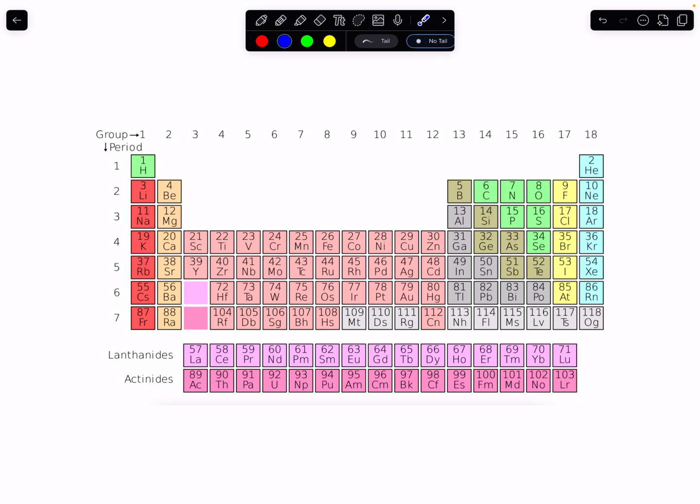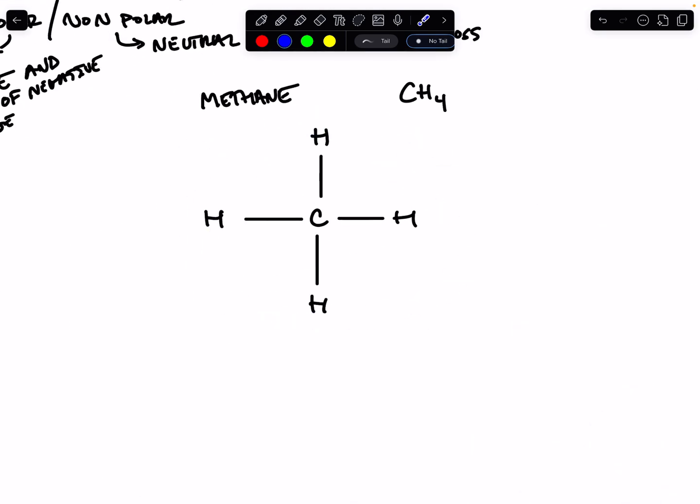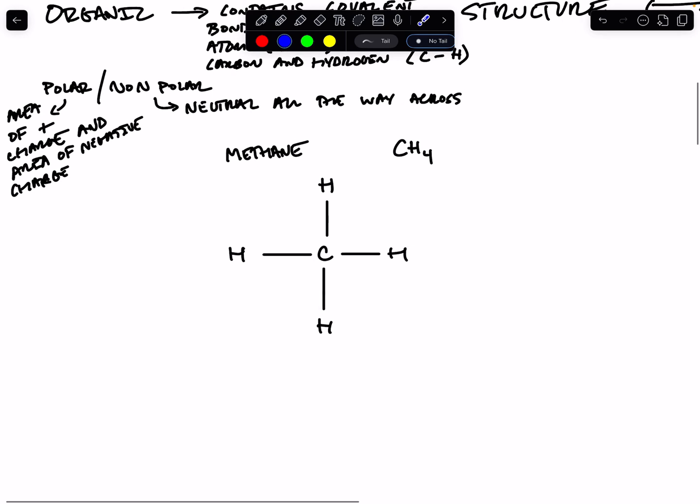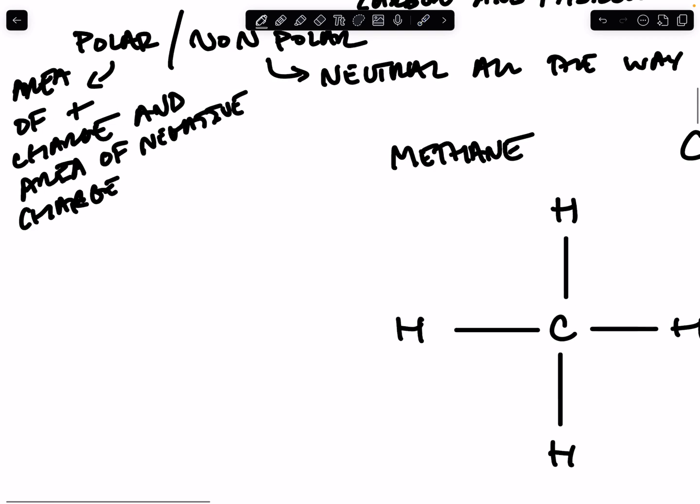It can take 1, 2, 3, 4 bonds to fill its outer valence shell, so it likes to make 4 bonds to be stable. And hydrogen takes 1 electron to fill its outer shell, so it likes to make 1 bond to be stable. And that's exactly what we see here. Okay, because methane has bonds between carbon and hydrogen, this meets our definition of organic, so this is an organic molecule.